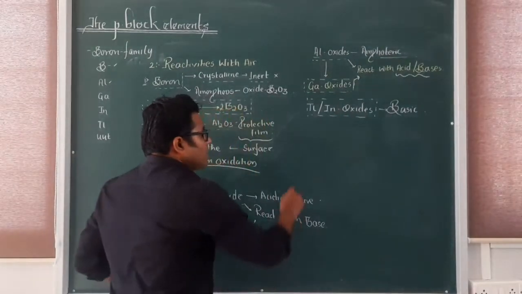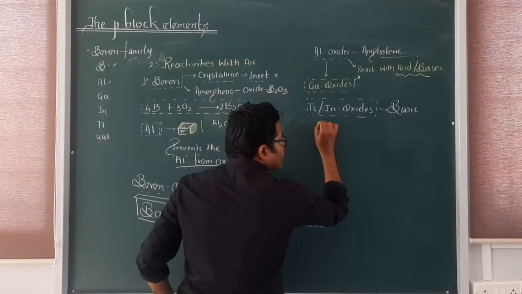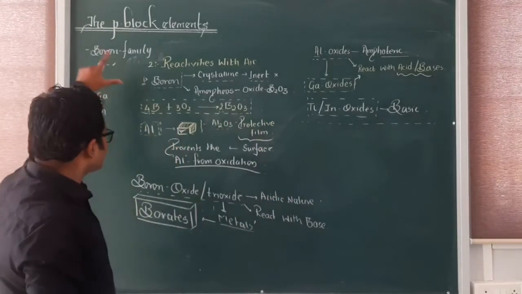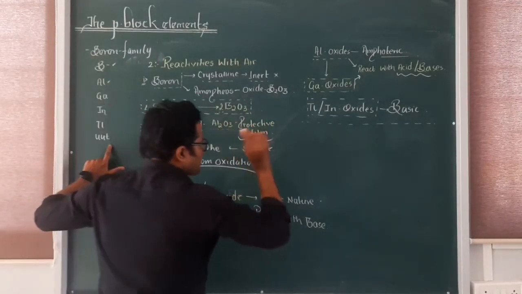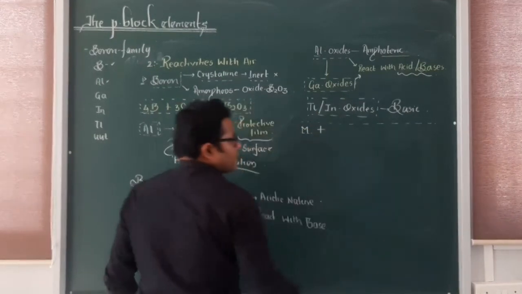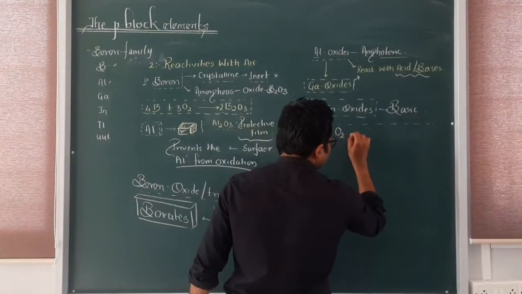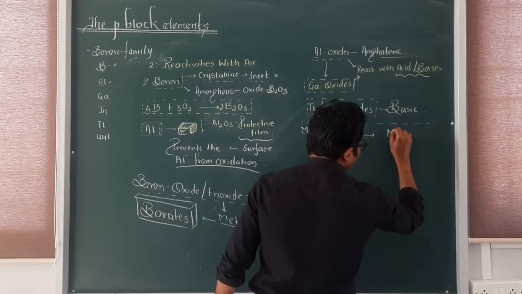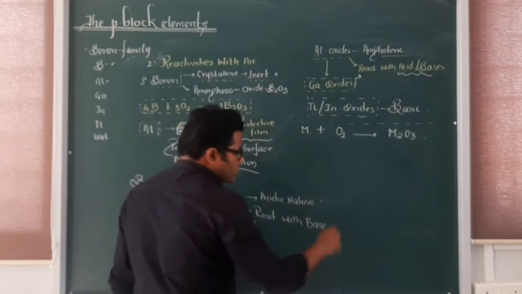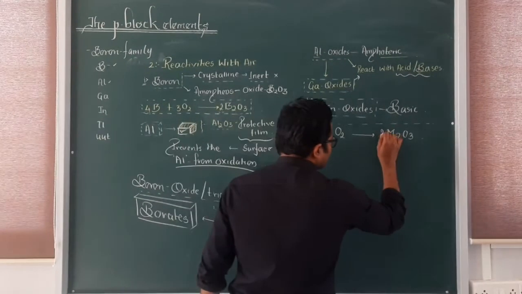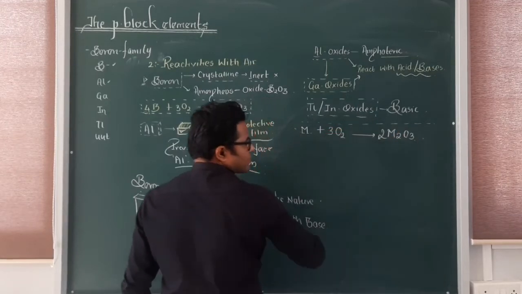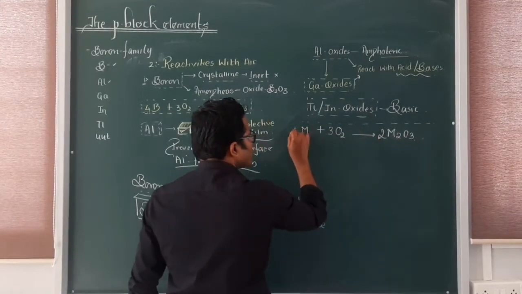Now, this was one part of this. In short, if you observe any of these particular elements, if we represent it by M, when they react with oxygen, they form M2O3. In order to balance it, 2 into 3 is 6 oxygens, so 6 oxygens here, 2 into 2 is 4.